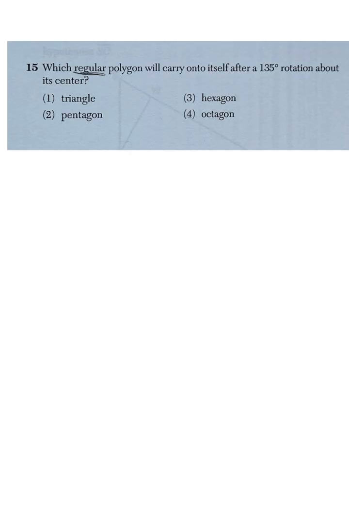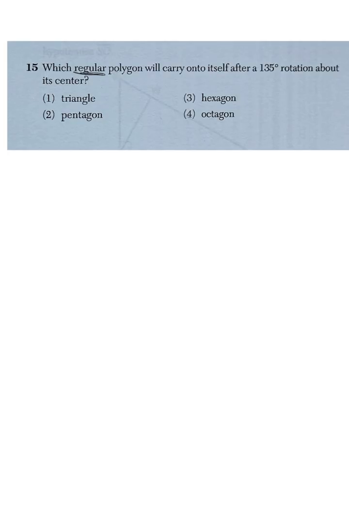Okay, so they want to know which regular polygon will carry onto itself after a 135-degree rotation about its center. All right, so let me just kind of get to the point here. So there's a little trick, and basically what you do is, if you think about it, when we rotate something, the most we can rotate something is 360 degrees, all the way around like a full circle.